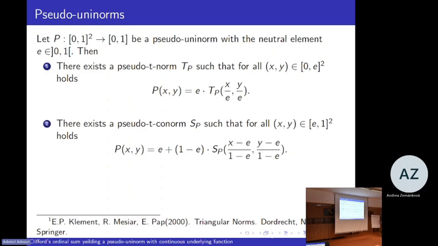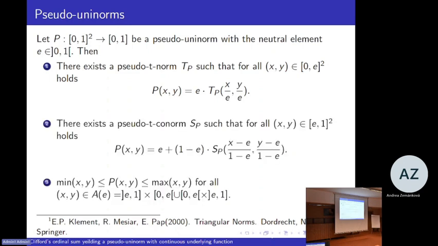We can divide the unit square into four rectangles, where here is the E, and we obtain the pseudo T-subnorm, pseudo T-norm, and pseudo T-conorm in these squares, and the averaging behavior in these opposite rectangles, which are denoted by A and E.